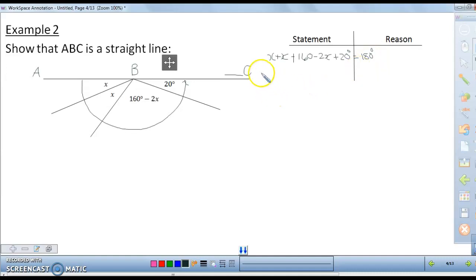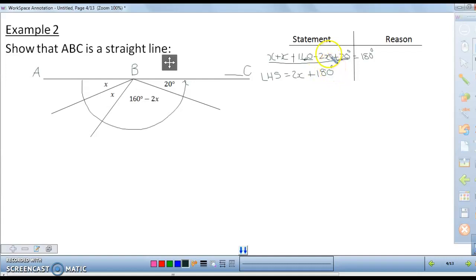So let's see what we have on the left hand side of the equation. Let's see if it actually adds up to 180. So the left hand side of the equation is all of this. Let's add up. I get x plus x, which is 2x. Then I have plus 160 plus 20, so that is plus 180 degrees.